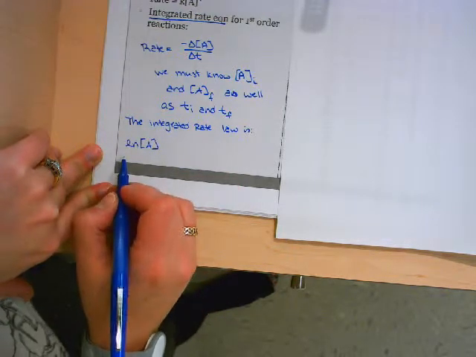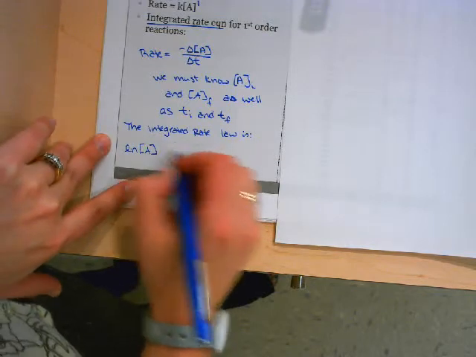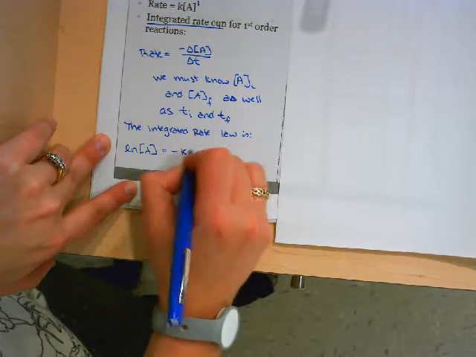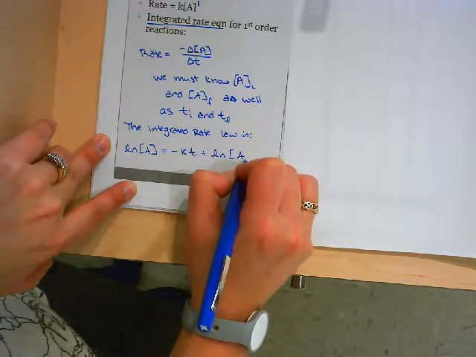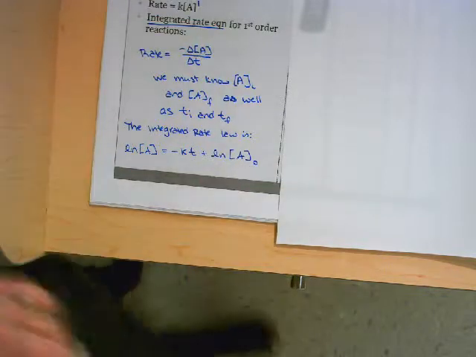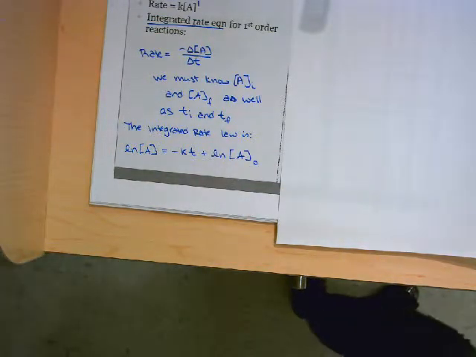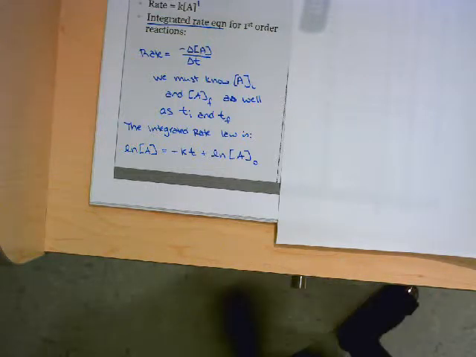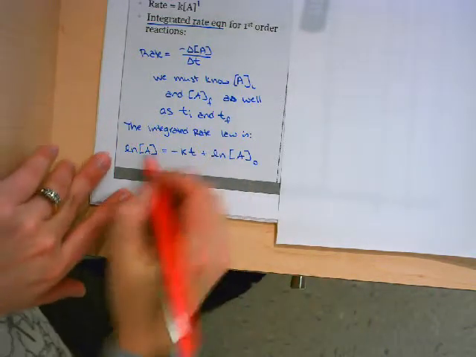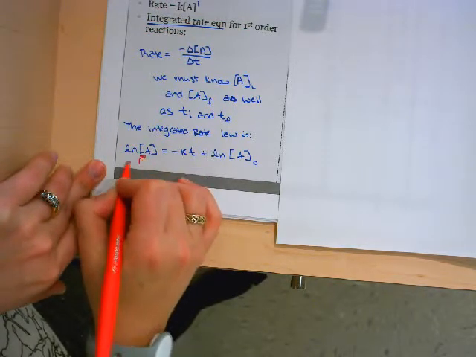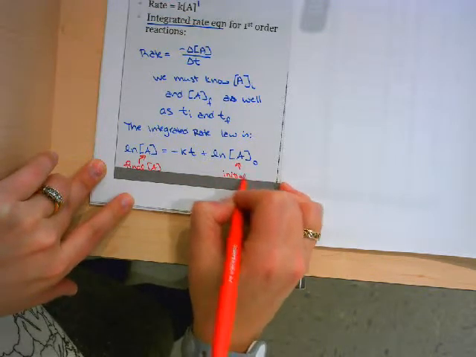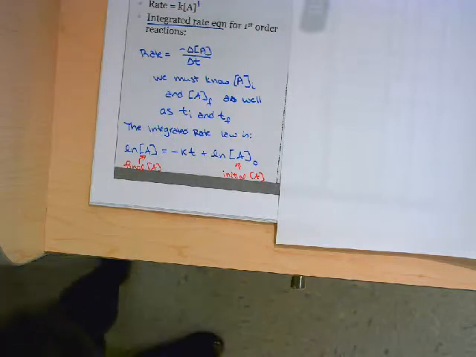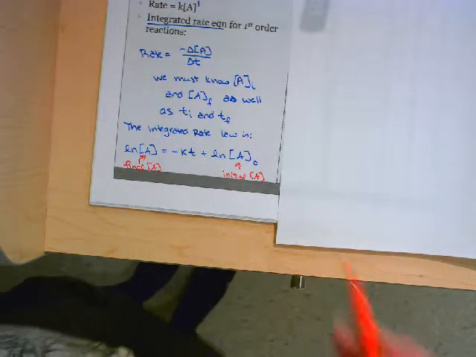Which kind of log is this one? Natural logs. So this chapter is a mix of base 10 logs and natural logs. Alright, so initial A will always get a 0 as a subscript.